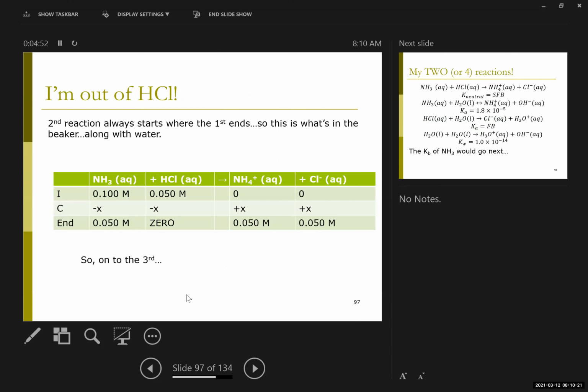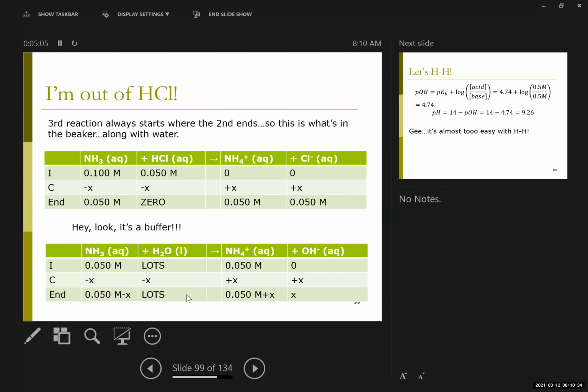Which brings me to the really only reaction I kind of sort of care about. I mean, I have to care about that neutralization reaction, but it's over and done with in a hurry. But because of my weak base equilibrium, this ends up being a buffer.